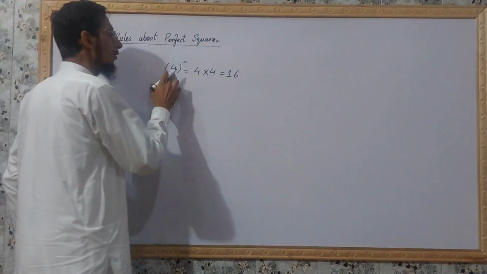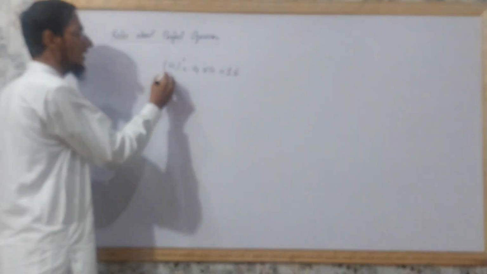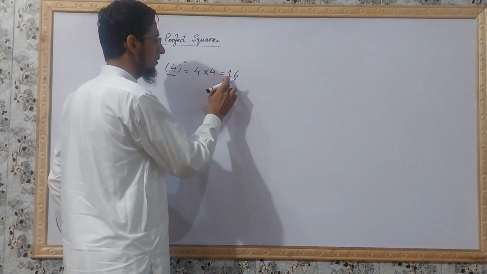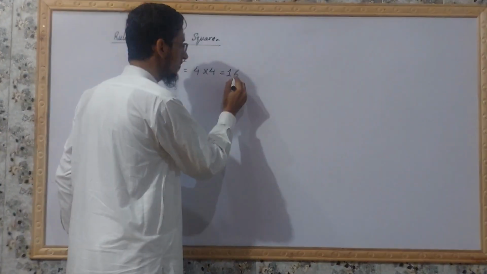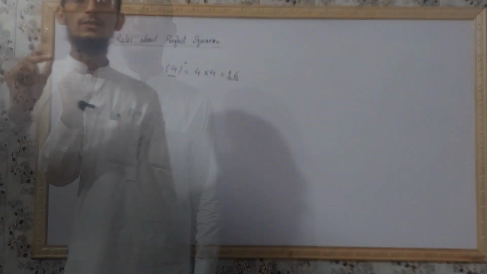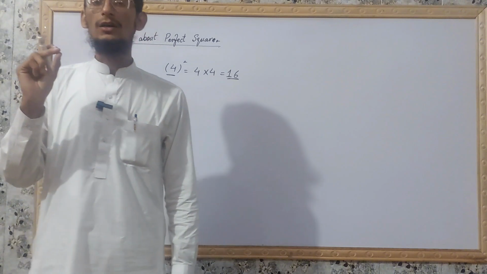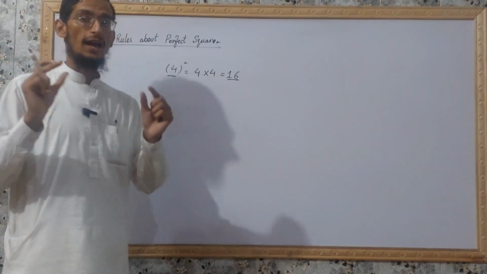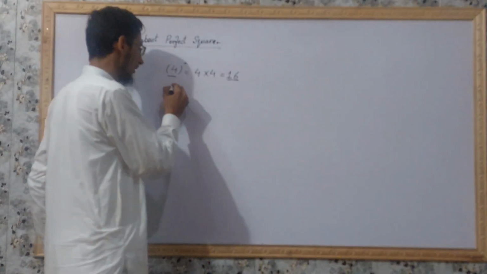So the number 4 is an even number, and when we take its square it becomes 16, and 16 is also an even number. So the rule number 1 is the square of an even number is always an even number. We take another example here.